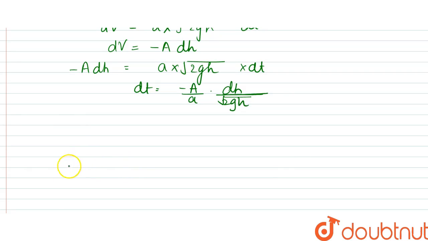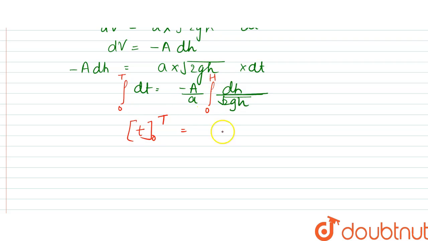We can integrate these values to get the final value, from 0 to t, and from h to 0.